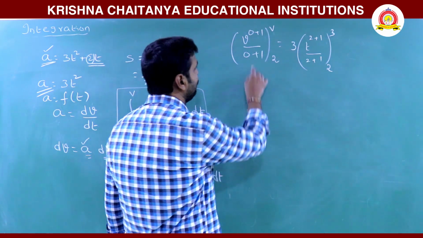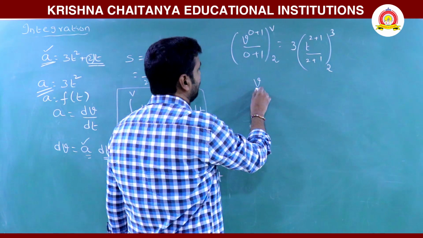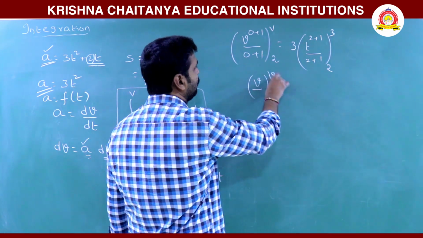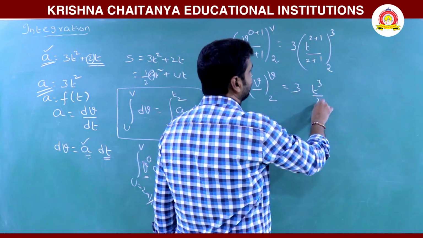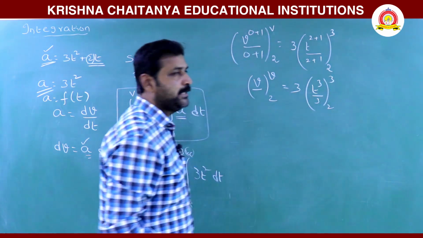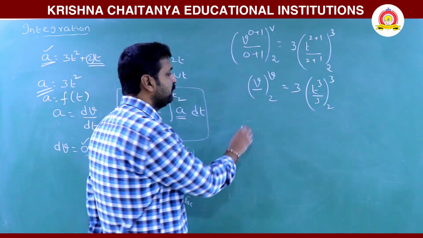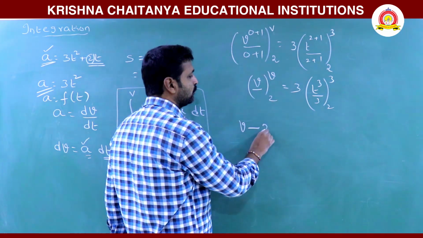So here this is v power 0 plus 1, v power 1, which is v by 1, that is v. And here, 2 to v limits, t power 3 by 3, 2 to 3. What we are saying: first substitute the upper limit, that is v, then minus the lower limit 2.